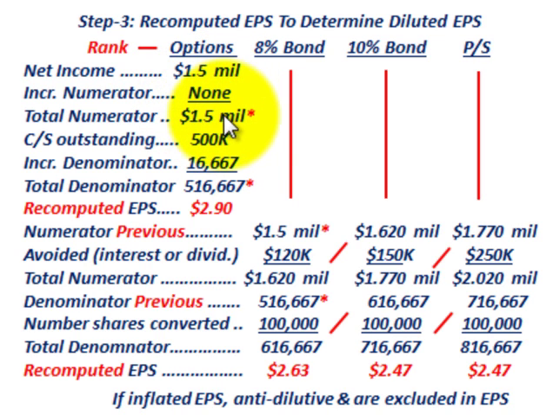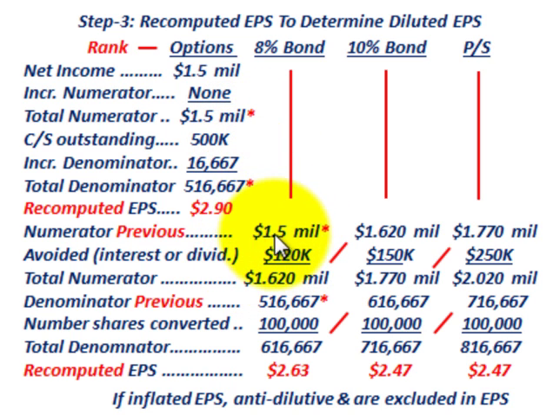Then we add in that numerator effect, in this case the interest avoided. Add that to the previous numerator from our options, and we get our total numerator of $1,620,000 for the 8% bond.